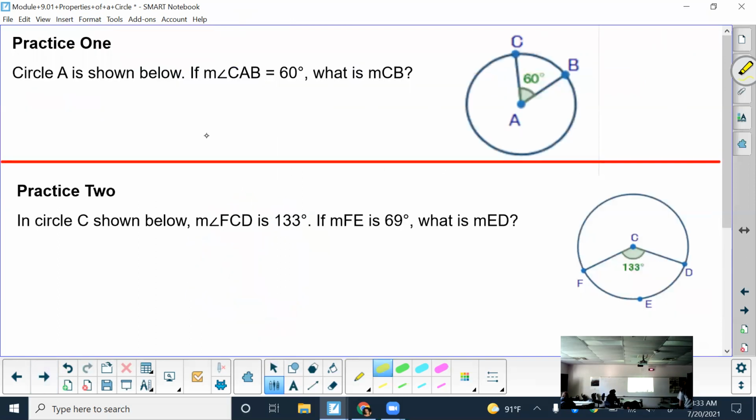All right, so here's some practice. Some we'll do together, some I might just have you do on your own. Practice 1. Circle A is shown below. If the measure of angle CAB, so really the measure of angle A, is 60 degrees, what is the measure of CB?